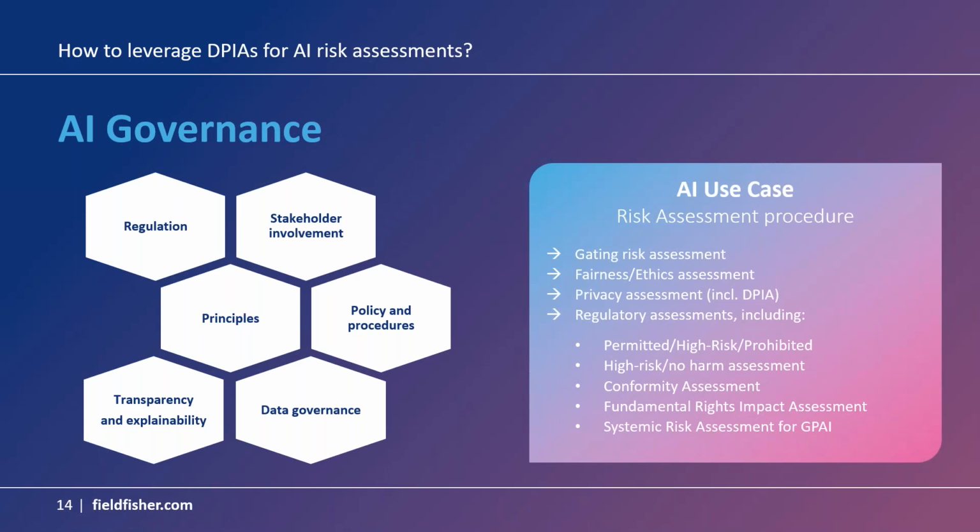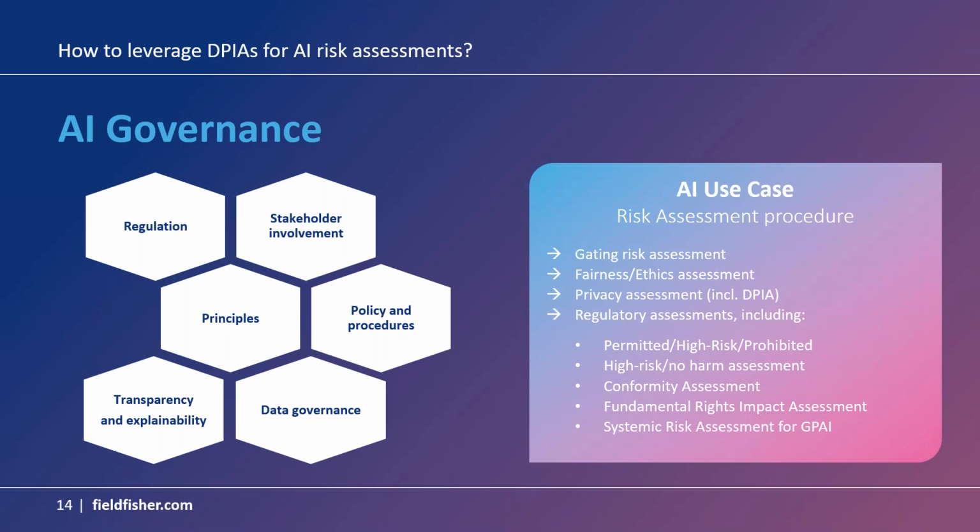Thank you. So AI assessments are only one of the elements of your AI compliance efforts, and they will not take place in a vacuum. They will take place in the context of a broader compliance framework. And in terms of your overall governance framework, there is no one size fits all.